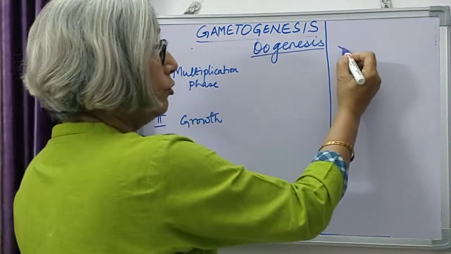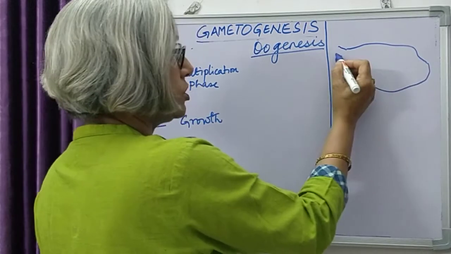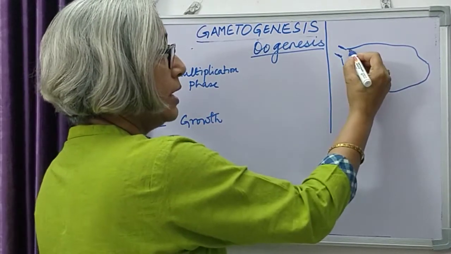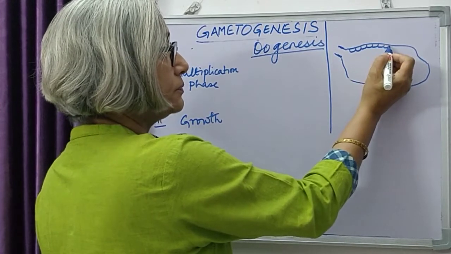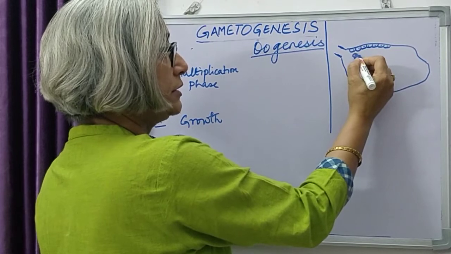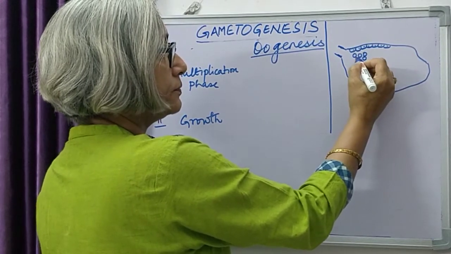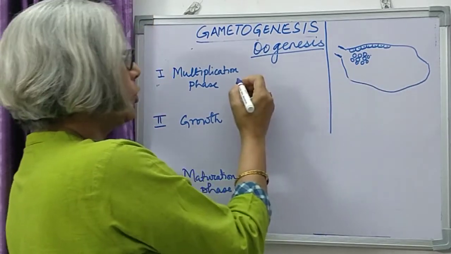Now coming to the ovary. If you remember, the ovary was an almond-shaped structure like this, attached to the body wall by mesovarium, and lined by the germinal epithelium. So this germinal epithelium produces several cells. These are called oogonia.